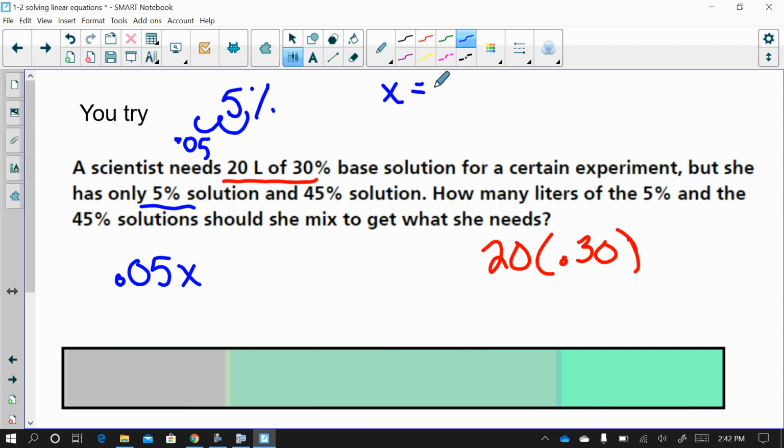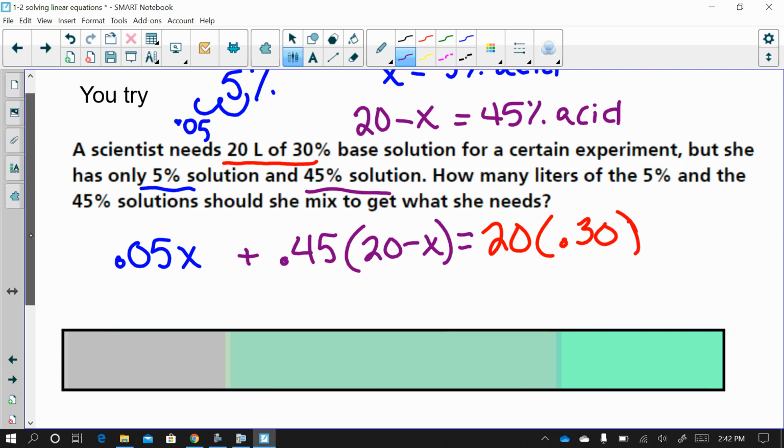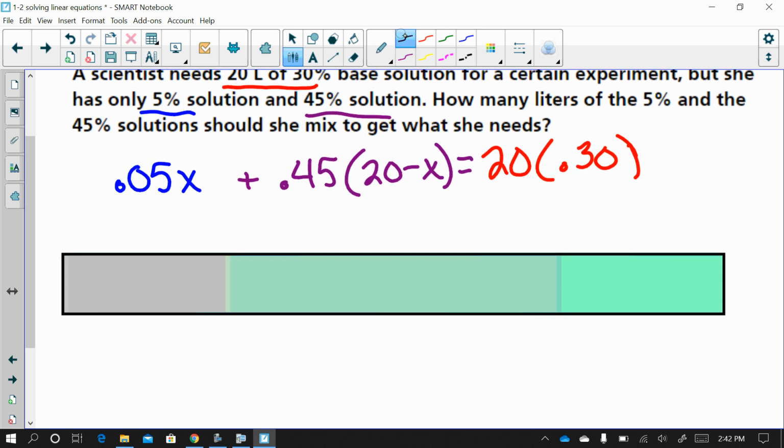So x equals 5%. Okay, and I have that 45%, so plus 0.45. Okay, so I need 20 total, so 20 minus x is my 45%. So it's going to be times 20 minus x. Okay, and from here, we're going to distribute.